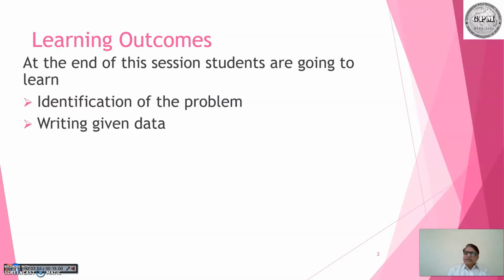Okay, so writing the given data, it covers around 10% of your problem. It means you are able to cover 10% of the total problem. So if you write the given data properly, then it becomes very easy.